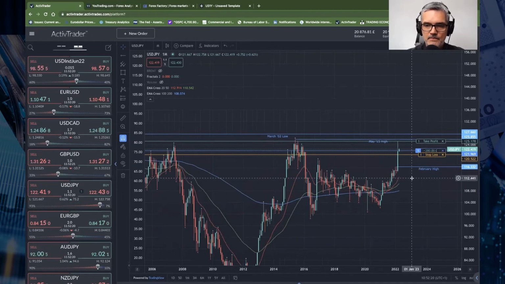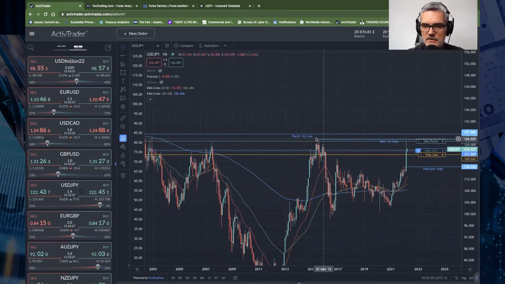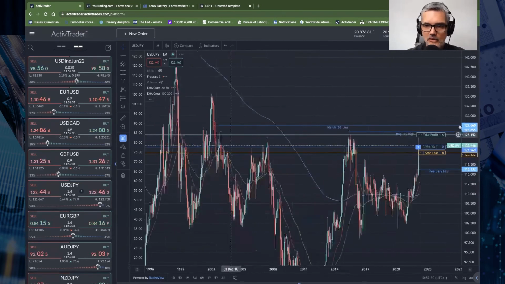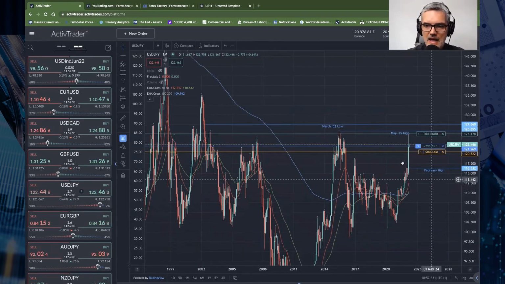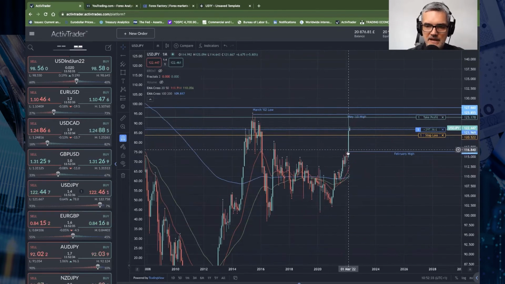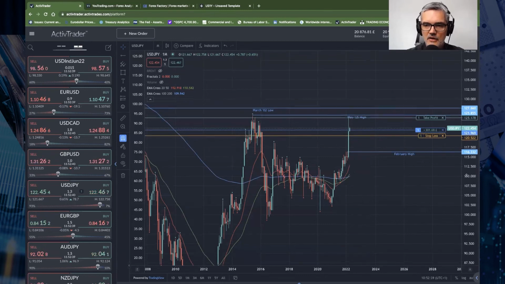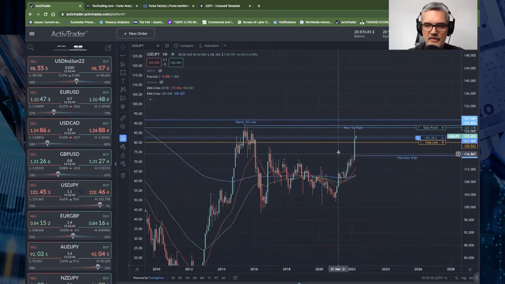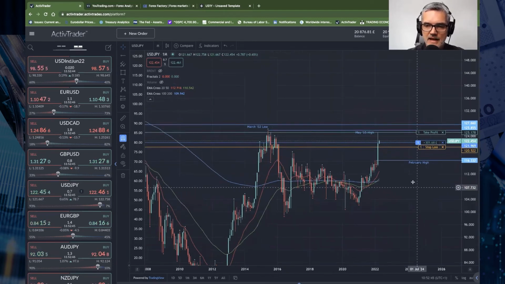I'm hoping that the momentum's to the upside, take out some liquidity up here around 125.8, maybe all the way up towards 127. Obviously, this big impulsive move has left a massive imbalance. We could obviously come down to the 116.3, but for now, I'm assuming that this goes higher.